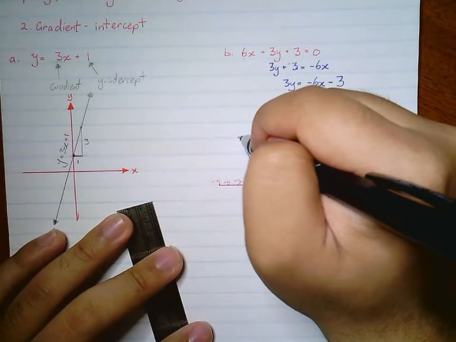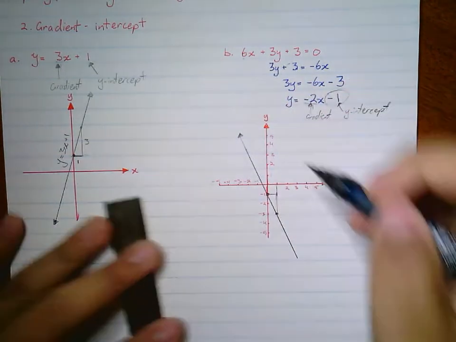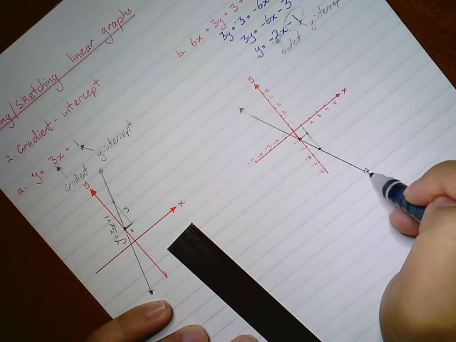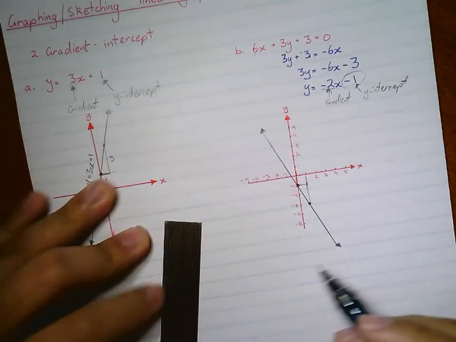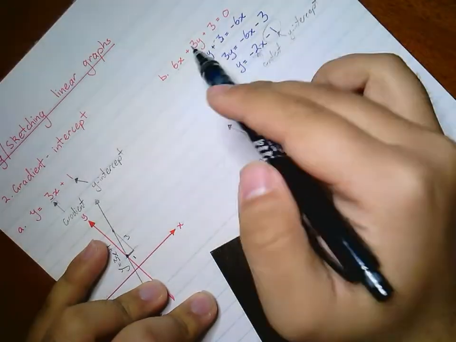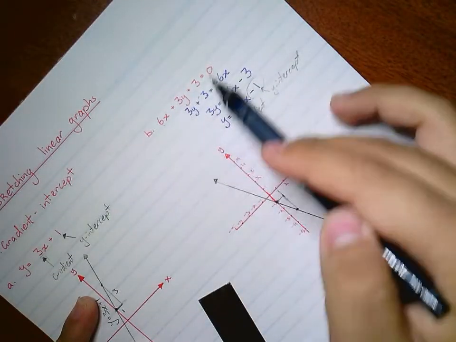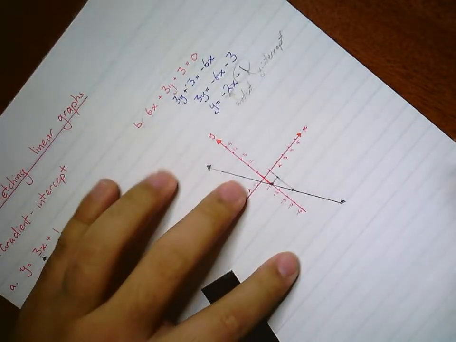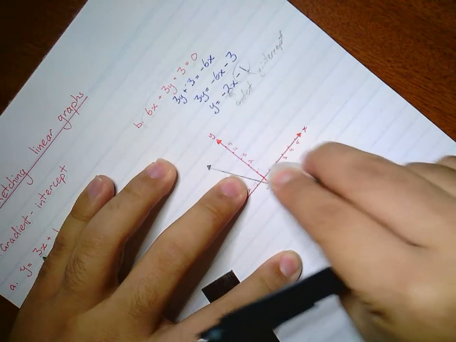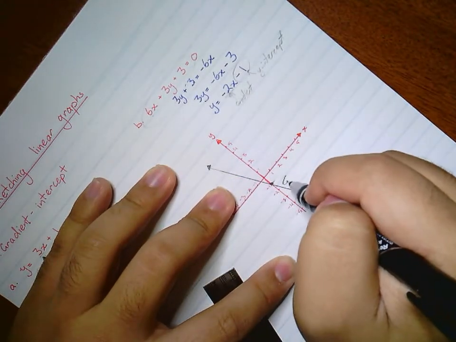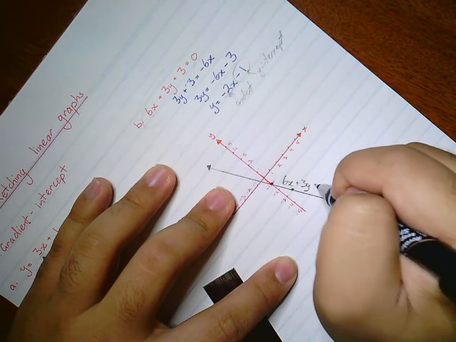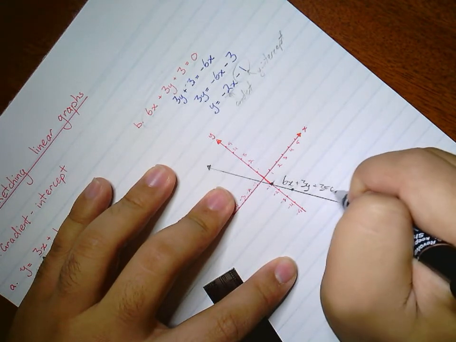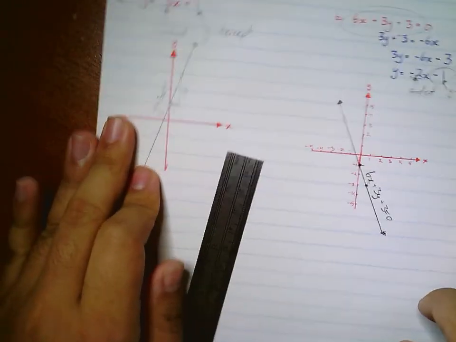That there gives us a graph this time, because it's much neater with the scale, with the numbers. And this is the graph of the original equation, 6x plus 3y plus 3 equals 0.